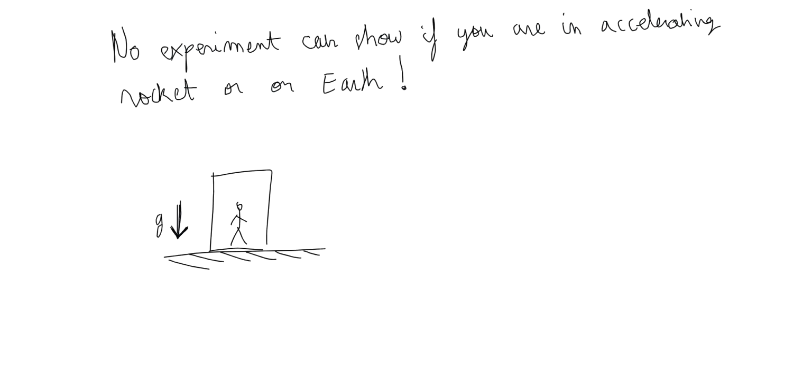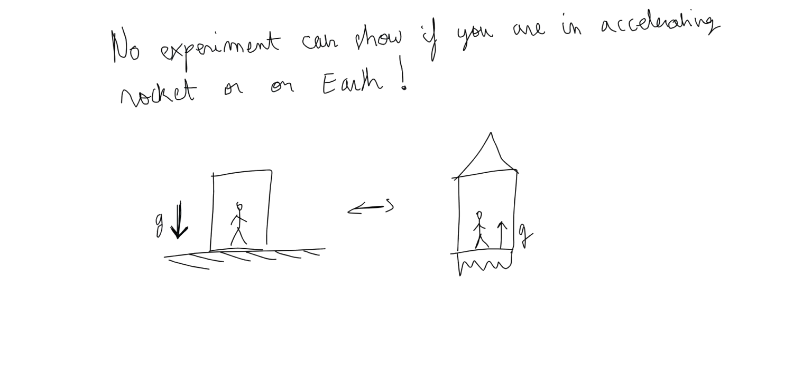You would not stand on your feet like you do every day. So experiencing this acceleration or being in a rocket where the ground accelerates with an acceleration of g, these two cases are totally equivalent according to the equivalence principle.